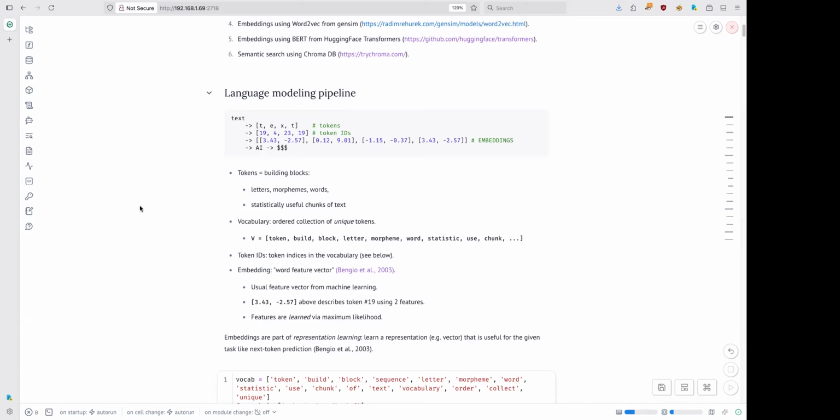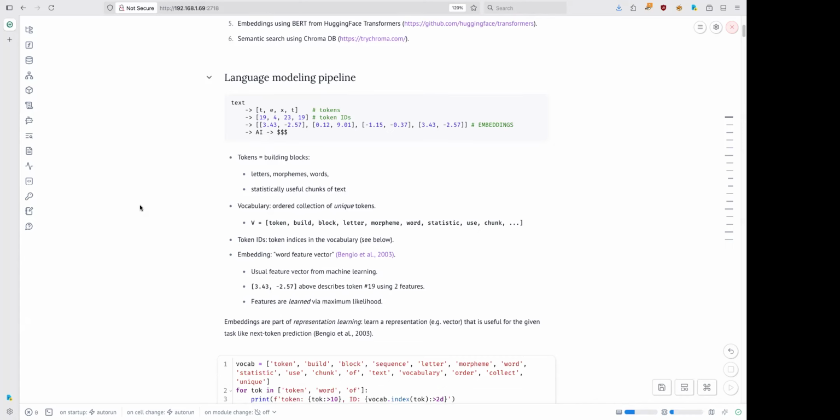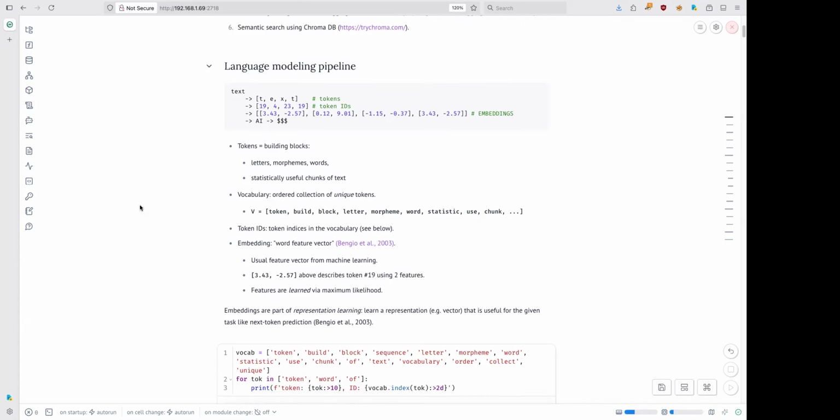You just put your tokens into the vocabulary in some kind of order. So order is important because later on we'll see that we'll need to have a concept of token ID. So each token has an ID or an identifier, which is an index into this vocabulary.